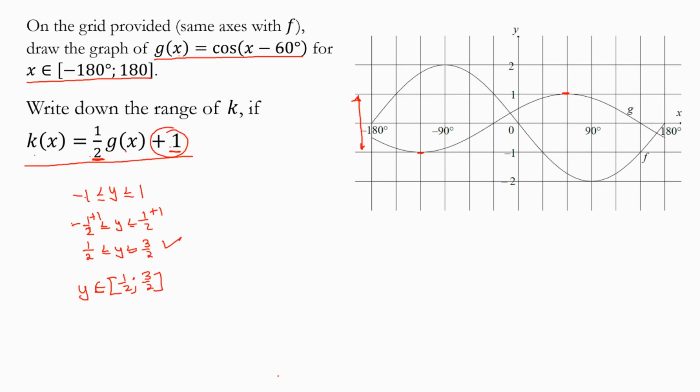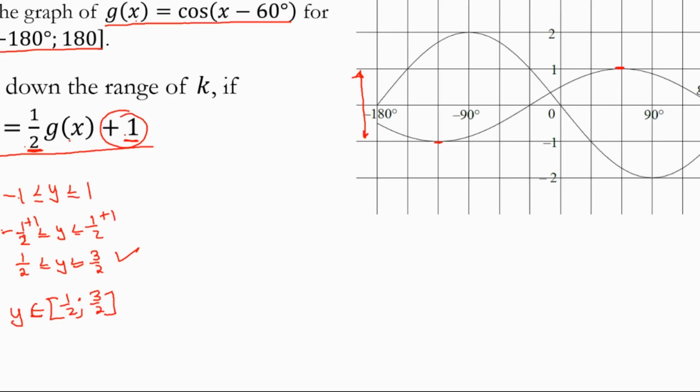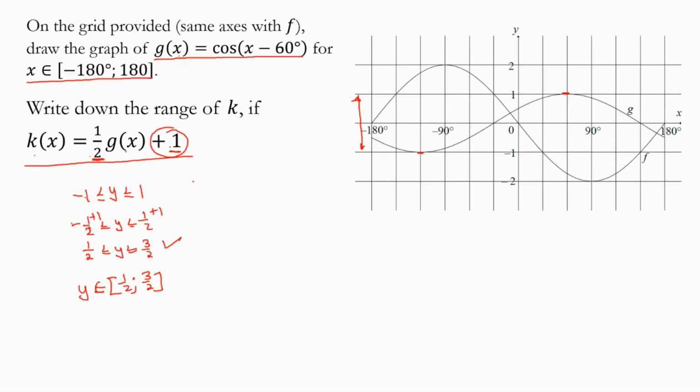Let me try to use the graph to explain this. This means that k of x is actually half cos of x minus 60 degrees, plus 1.